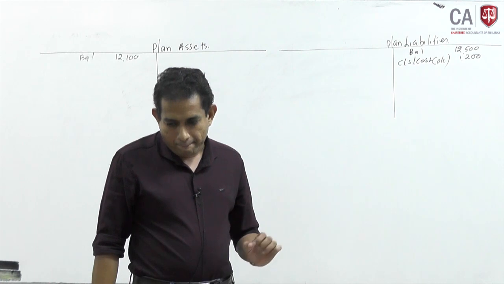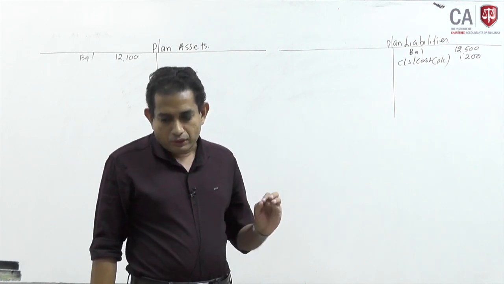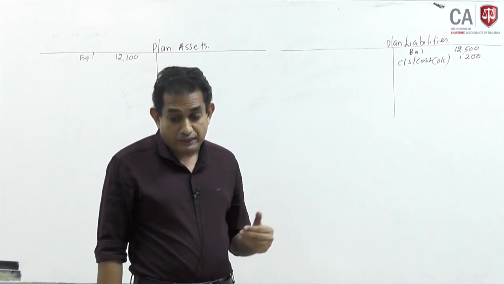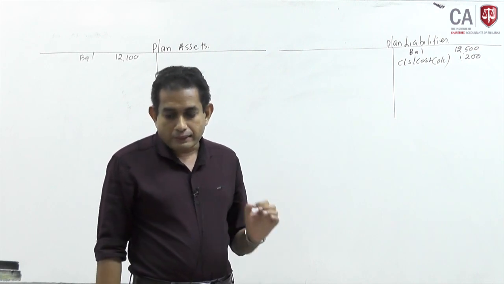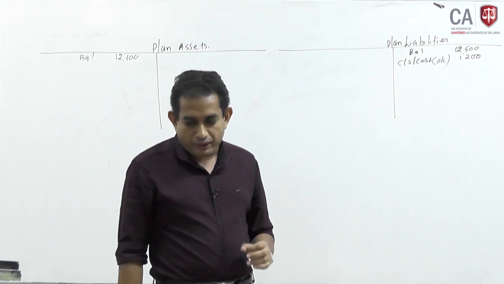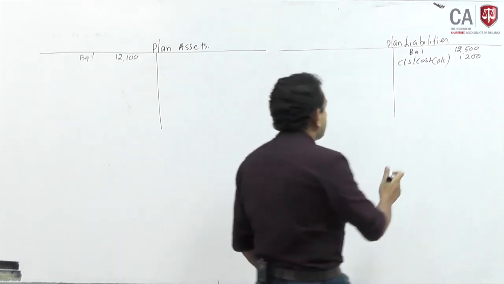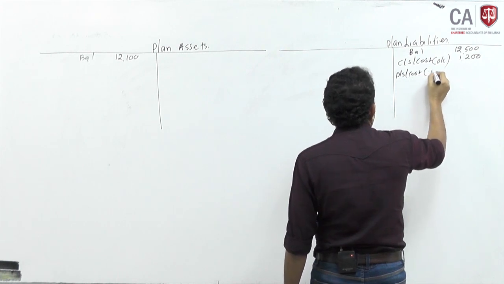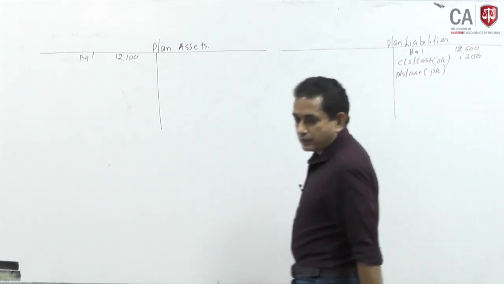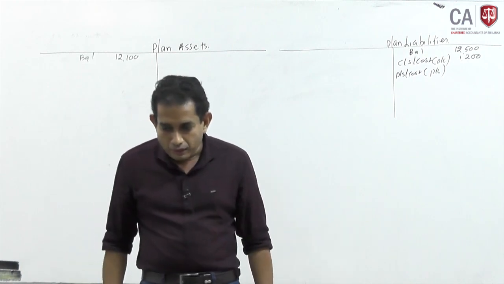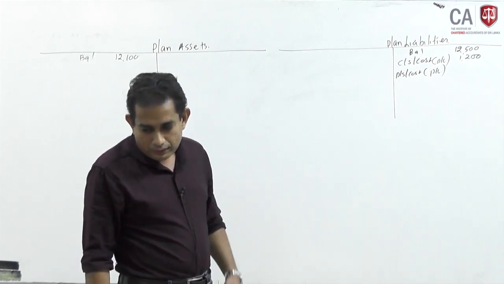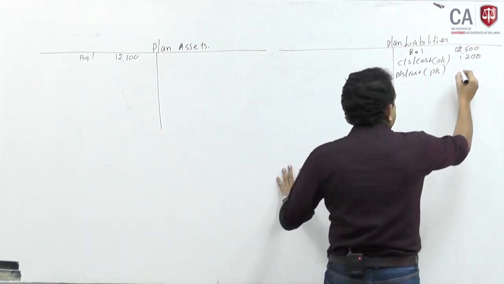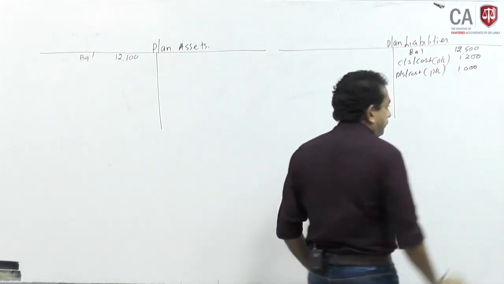And past service cost due to the change in the pension plan so as to increase benefits vesting immediately, as estimated by the actuary, is 1 million rupees. Even the past service cost should be recognized to profit and loss. So, what does the examiner say the value is? Past service cost is 1 million rupees.